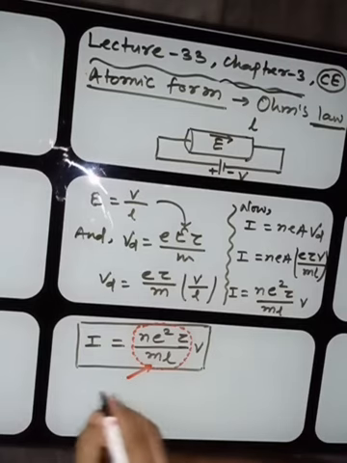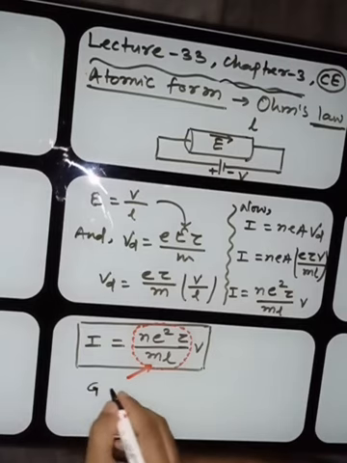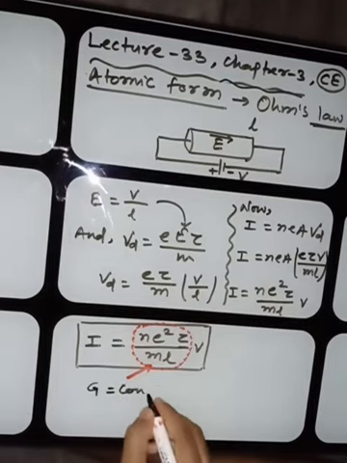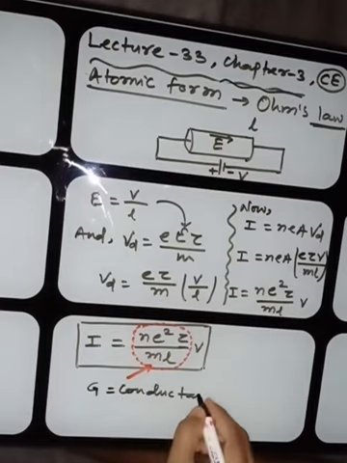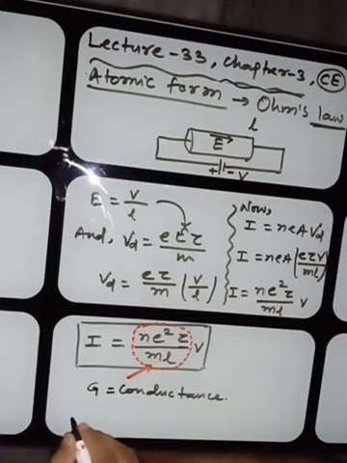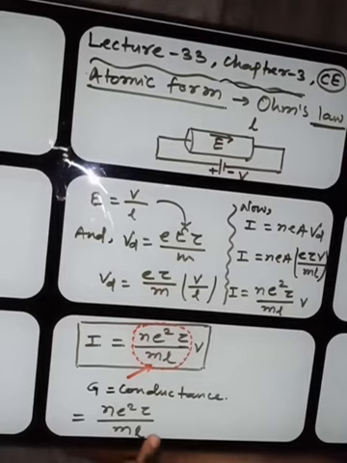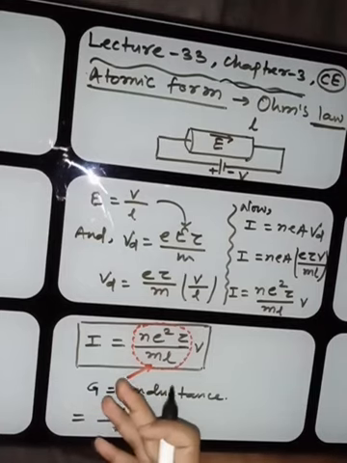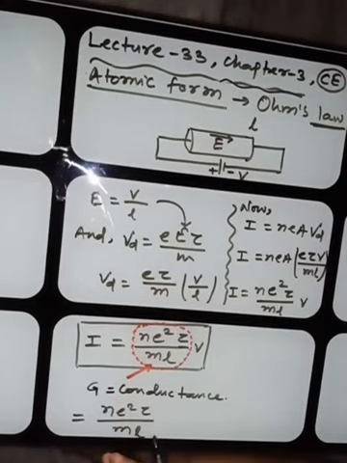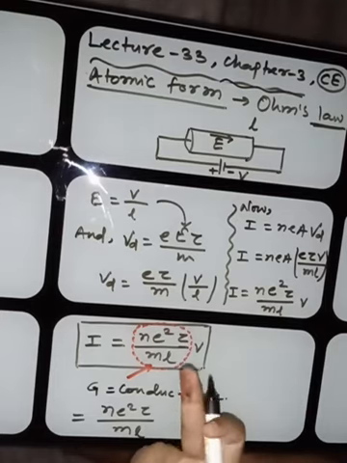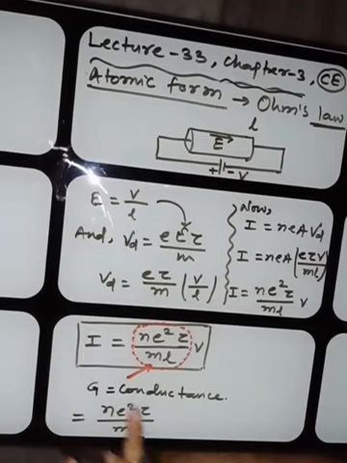Conductance equals n e square tau by mL. Conductance is reciprocal to the resistance, and conductivity is reciprocal to the resistivity.